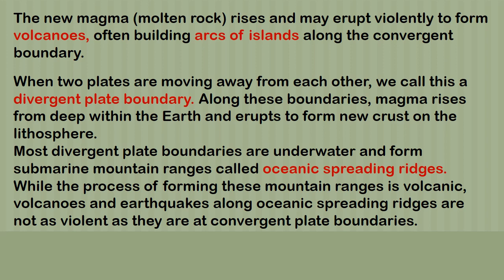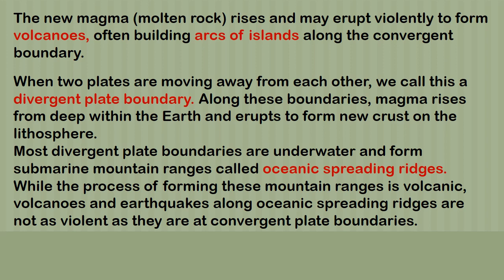When two plates are moving away from each other, we call this a divergent plate boundary. Along these boundaries, magma rises from deep within the earth and erupts to form new crust on the lithosphere. Most divergent plate boundaries are underwater and form submarine mountain ranges called oceanic spreading ridges.